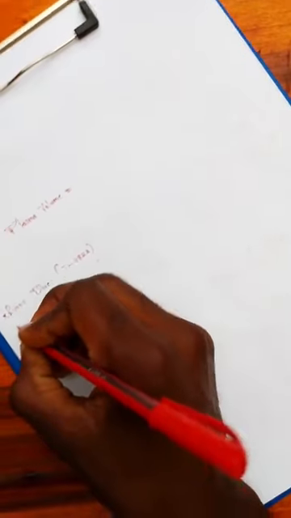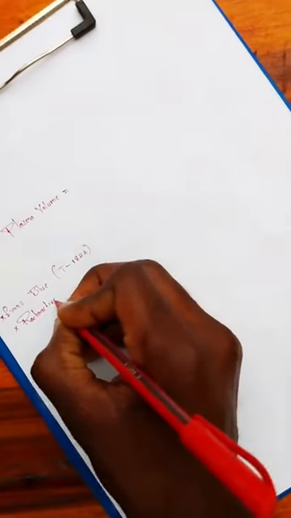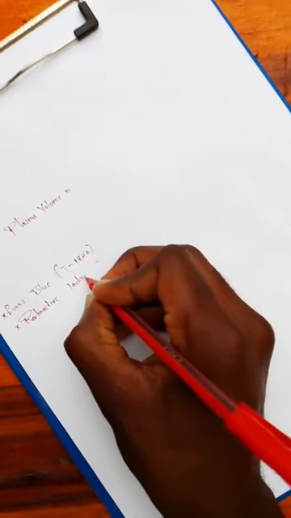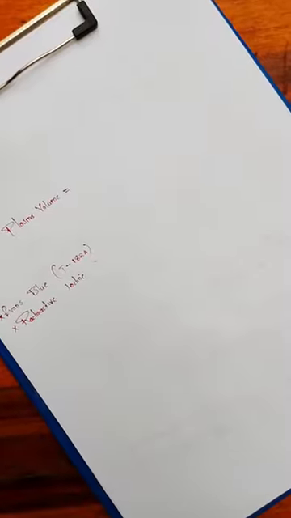Apart from Evans blue, you can also use what we call radioactive iodine. You can use it to measure plasma volume specifically. These are the dyes for plasma volume, if you just want the plasma volume only.